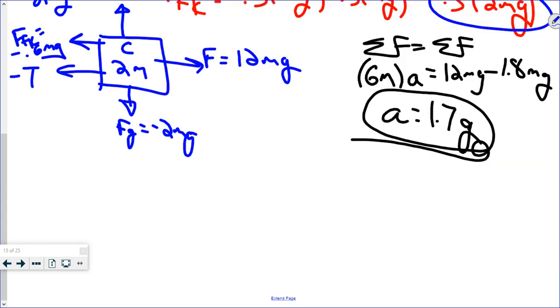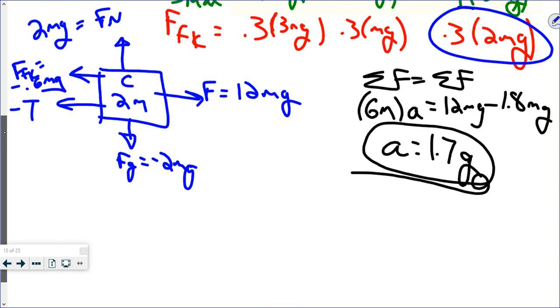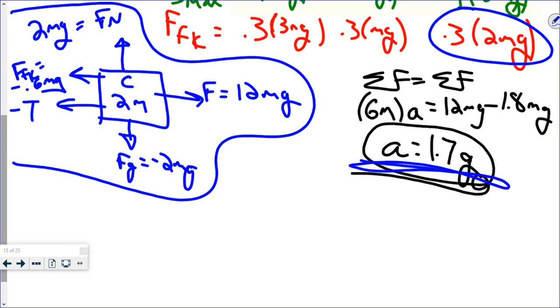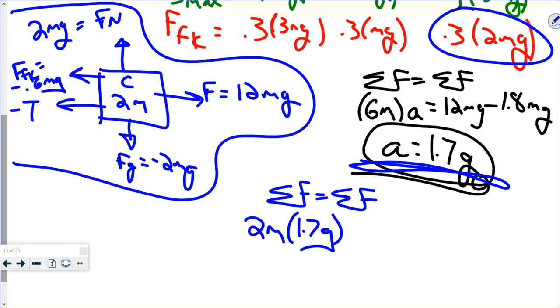Here's my free body diagram. We know our acceleration, so net force equals mass times acceleration. Our mass is 2m, our acceleration is 1.7g, and that has to equal our total force, which is 12mg minus 0.6mg for friction minus our tension.